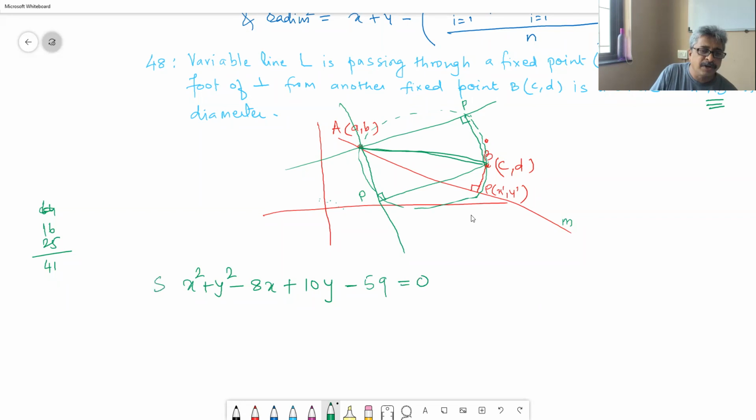This is the circle given to you, and point P, say (2, 3). I want it near the center, so it is in the interior.